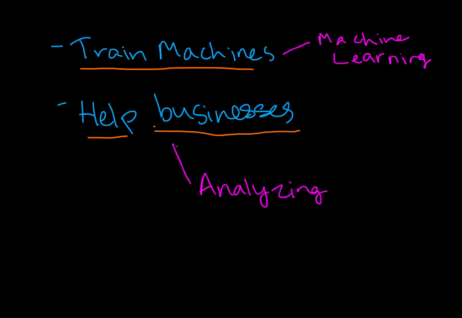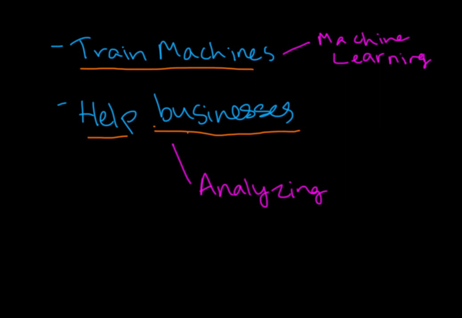Now data science can also help businesses because it can help the business analyze, does this product drive more sales than this one? Does this strategy help us do more of this? Why is this working better than this?